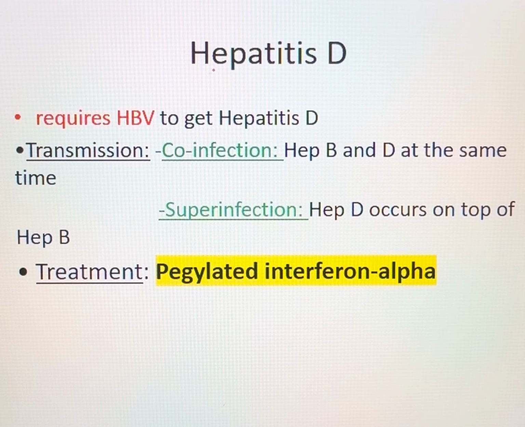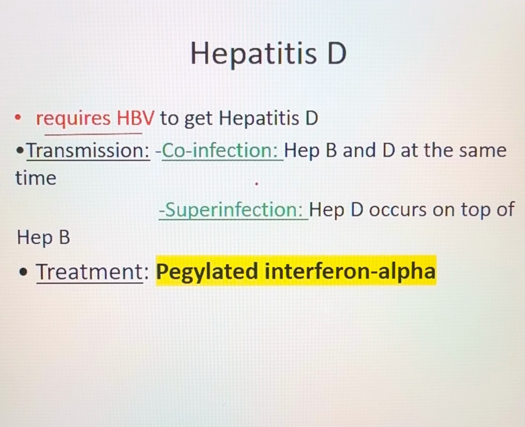Lastly, I want to mention hepatitis D. Hepatitis D is unique because it doesn't occur unless the patient has hepatitis B. It can be transmitted in two ways: co-infection or super-infection. Co-infection means that hepatitis B and D occur simultaneously.